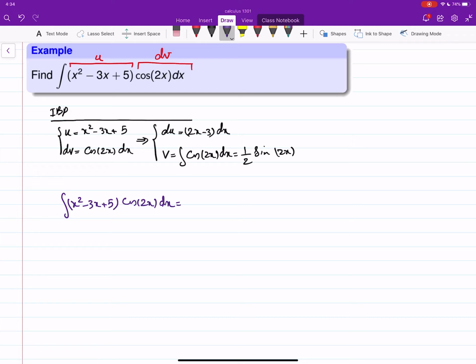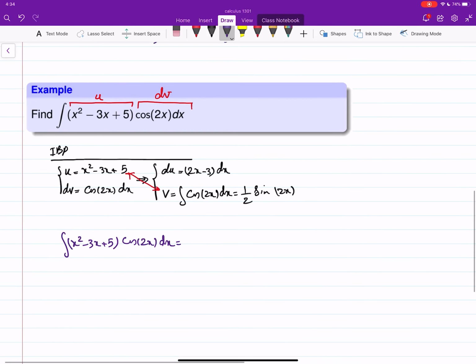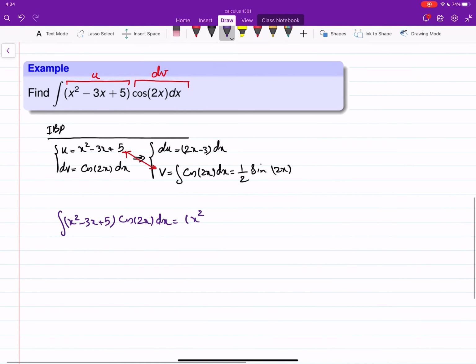Then this is u times v, which is x squared minus 3x plus 5 times a half of sine of 2x, minus the integral of v du. So the integral of 2x minus 3 times half of sine of 2x dx.